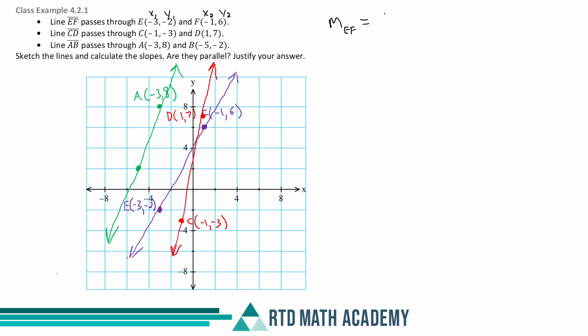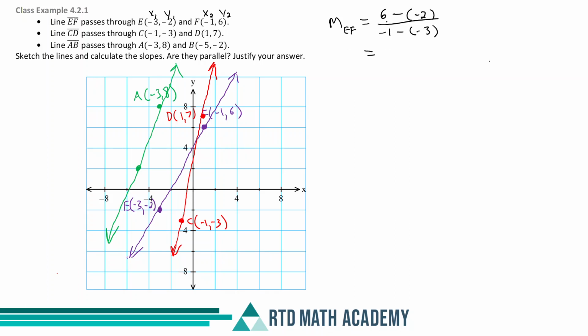So in this case, y2 would be 6, minus y1, so minus -2, over x2 minus x1. So x2 was -1 minus, and then x1 was -3.